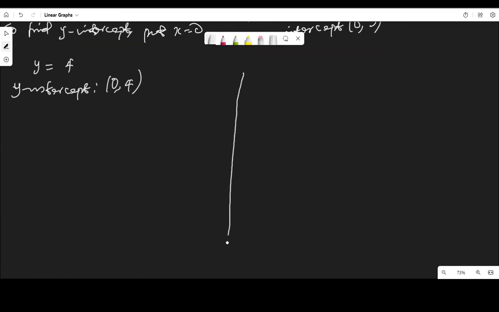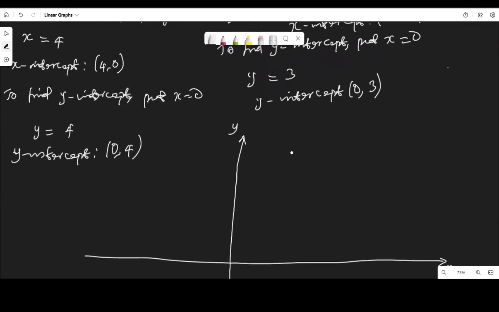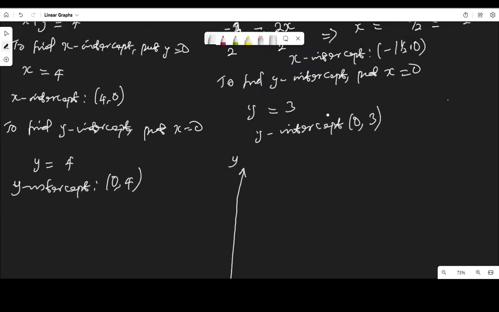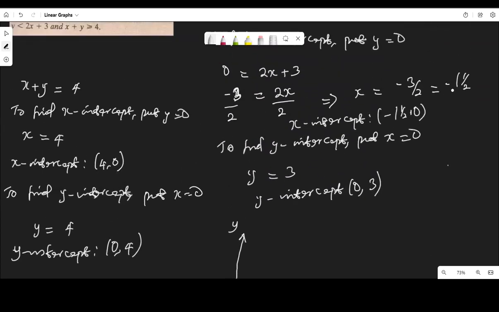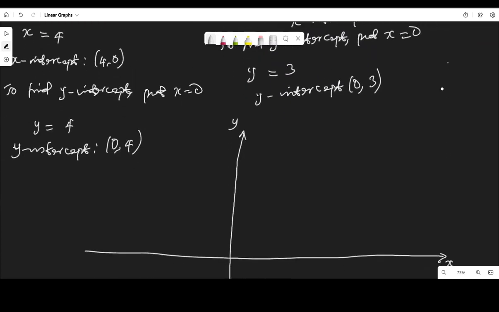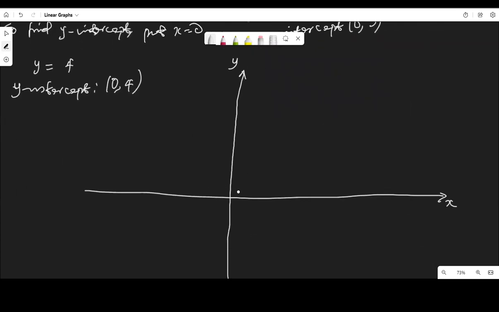So let's draw the graph now. X and y axis. This is my y axis. This is my x axis. For the first line, the x-intercept is negative 1.5. So this is 0, the origin. This is 1. This is 2. This is 3.